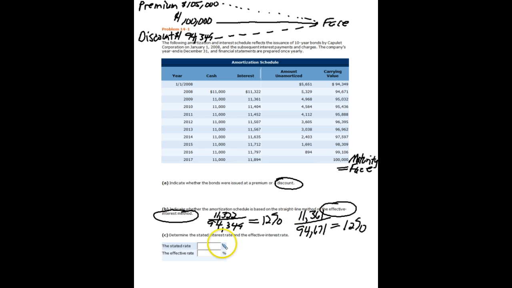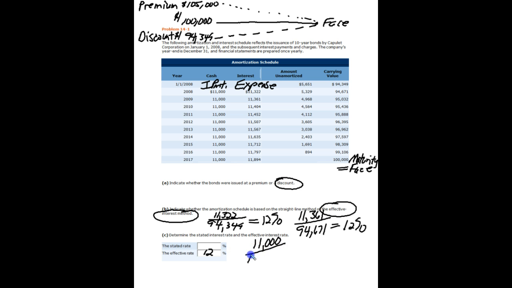Okay, we just solved for the effective interest method because I took interest expense, and again this column, because it's changing, that's the interest expense amount, isn't it? And this cash would be the cash interest payment. So the cash interest payment would be $11,000.